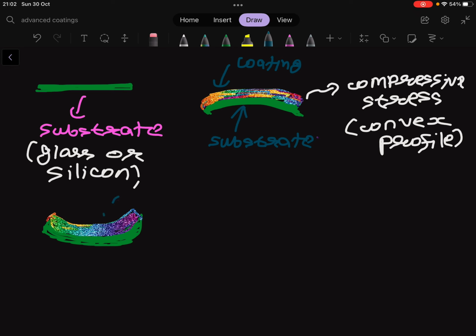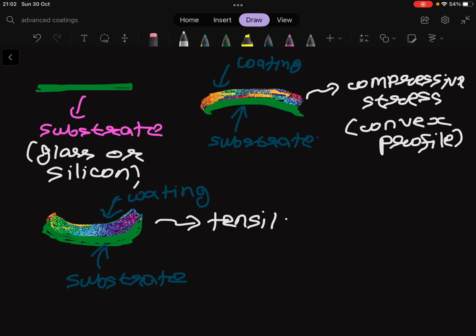This is our coating, and this is our substrate, and this is the tensile stress representation, represented by the concave profile.